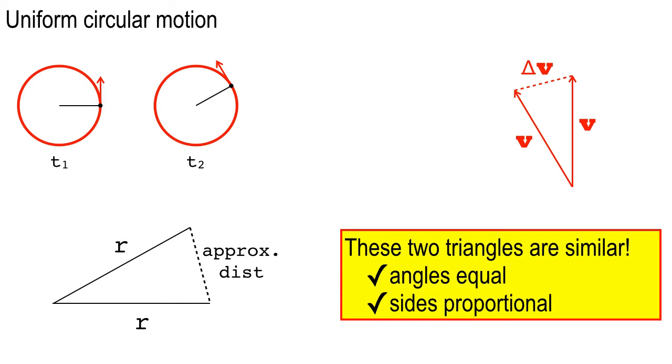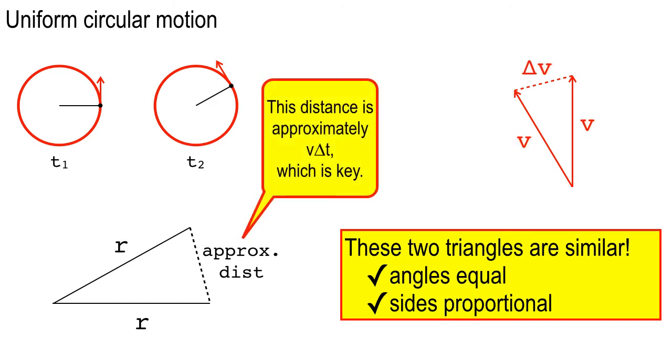Now, the angles are equal, but the sides are not equal. You can't really say that a number of meters in the position triangle is equal to a number of meters per second, Austin, in the velocity triangle. But you can say that they're proportional, okay? They have the same ratio, and that ratio is what we are hunting for.